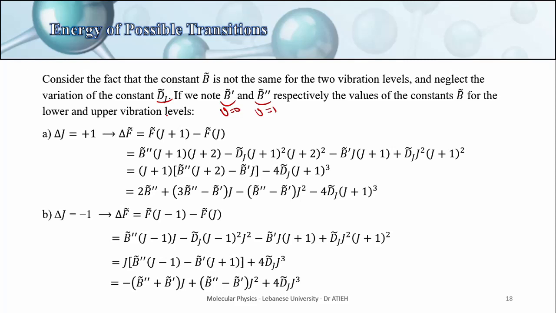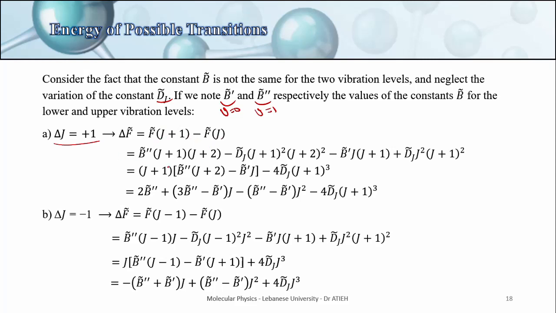So in this slide, we are interested in the rotational part only. Then we will add the vibrational part to get the total rotational-vibrational transition. So first, for delta J equals +1, in the case of the R branch, which gives me the spectral lines with high frequency, delta F is equal to F(J+1) minus F(J).